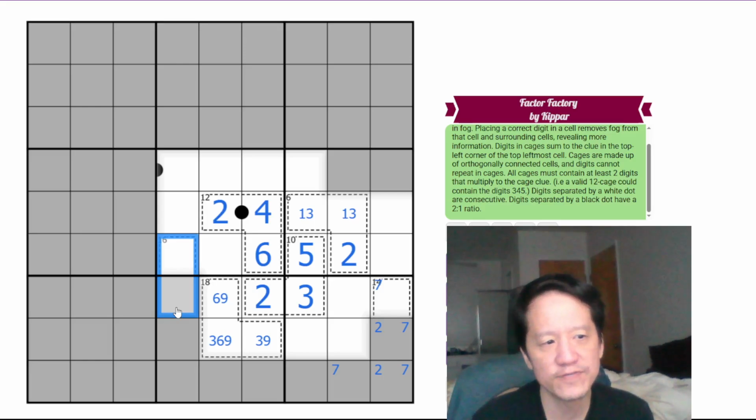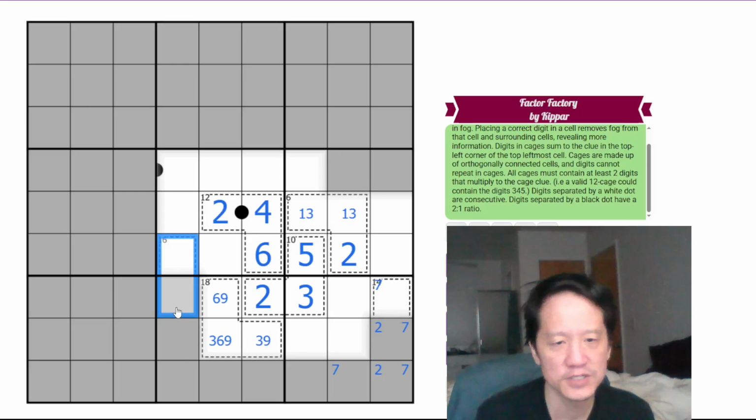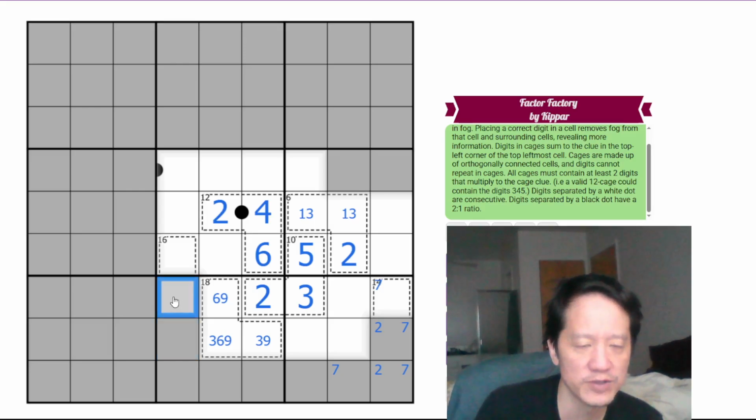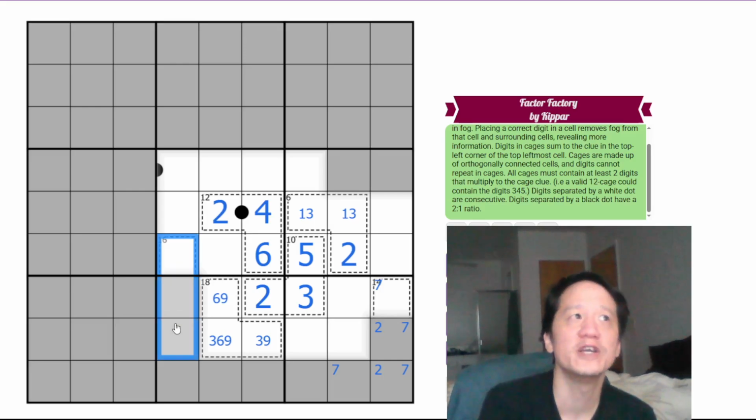So that means 4 digits. It can't be 2, 6, and 8, because if it's only 3 digits, the 2, 6, and the 8 cannot be here, right? This would have to be 8. This digit would have to also be from 2, 6, and 8, which doesn't work. So it has to be 2, 8 with 1 and 5.